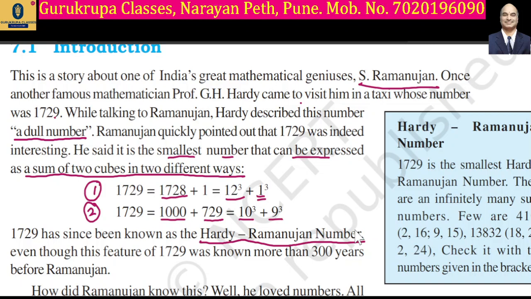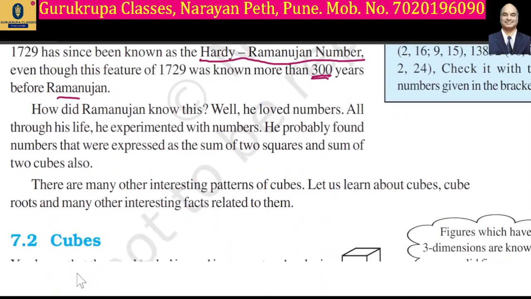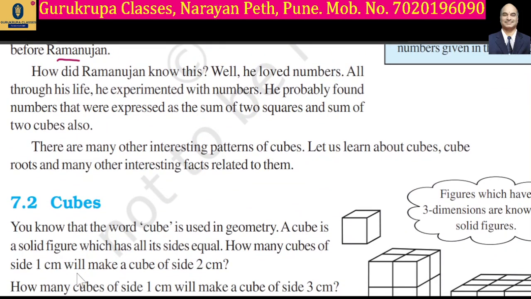Now, this feature of 1729 was known more than 300 years before Ramanujan. How did Ramanujan know this? Well, he loved numbers. All through his life, he experimented with numbers.